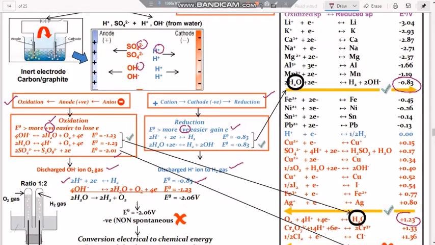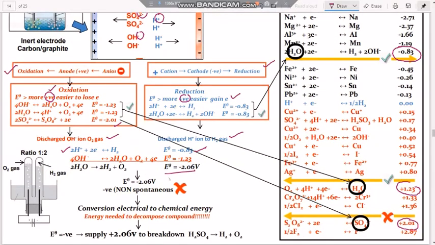So once we add both the oxidation and reduction potentials in this reaction, the ratio of the gases obtained is 1:2, that is oxygen and hydrogen, as in water. It is a non-spontaneous process, and the conversion of electrical energy to chemical energy needs some energy to decompose sulfuric acid.